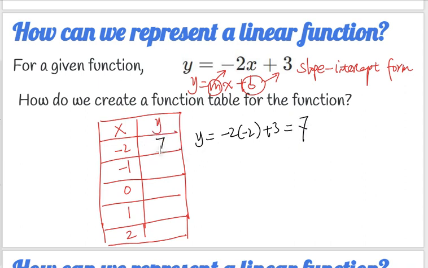For the second one, we know the value here is 7. We do exactly the same thing: for any value of x, we plug it into the equation and get the answer accordingly. This is how we show the work. Now I write down the values here for you as a reference. As you can see, this is how we create a table.